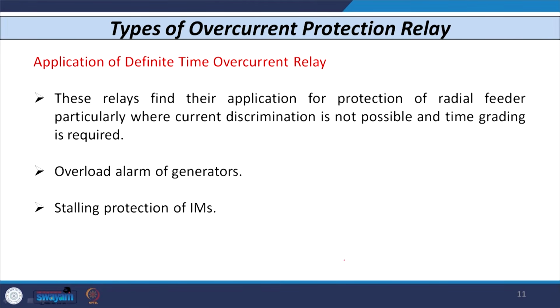Maybe in case of transformer also we can use this type of relay. For stalling protection of induction motors also we can use definite minimum time relay, because stalling is a phenomenon that occurs in induction motors, but in that case instantaneous tripping is not required. So, we can give time delayed tripping with the help of definite minimum time overcurrent relay.